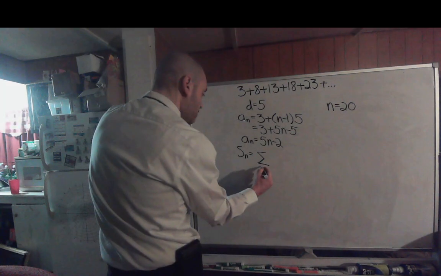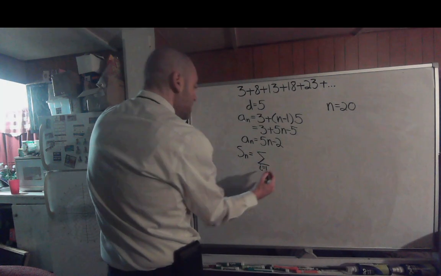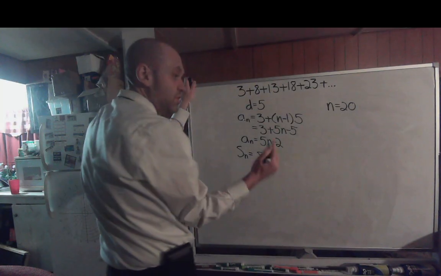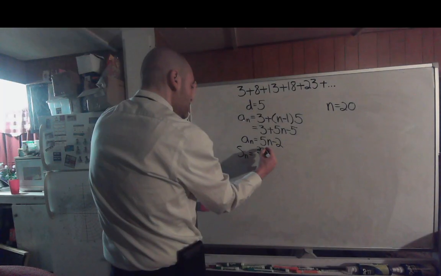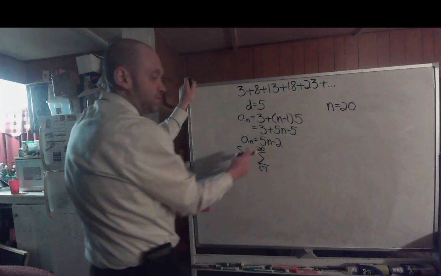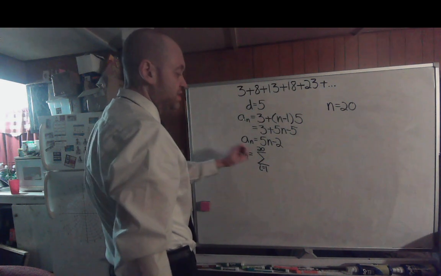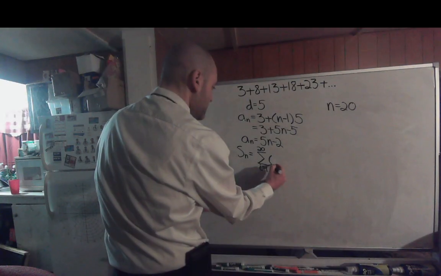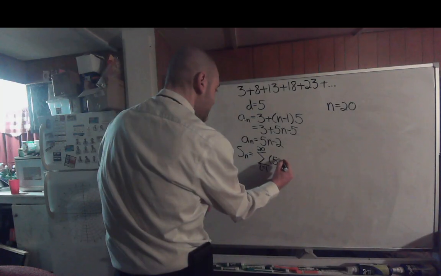It's going to start with, again, i equals 1. Now you want to find the sum of the first 20 terms. That's going to be your upper limit of summation, 20, since you're trying to find the sum of the first 20 terms. Then you would just put in your formula for the sequence. So this would be 5i minus 2.